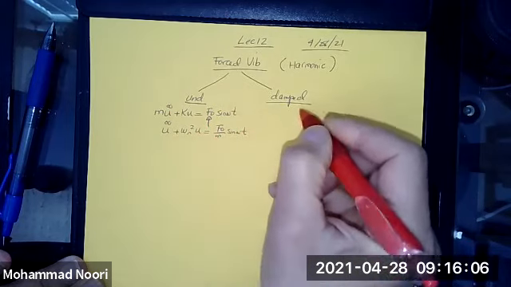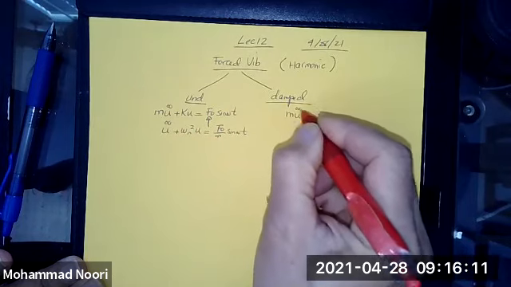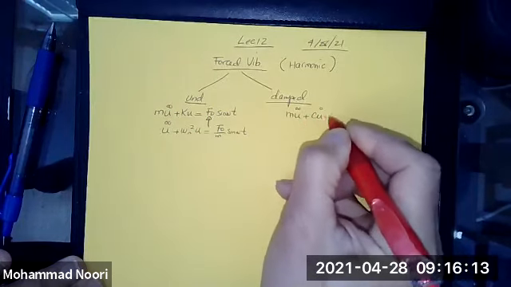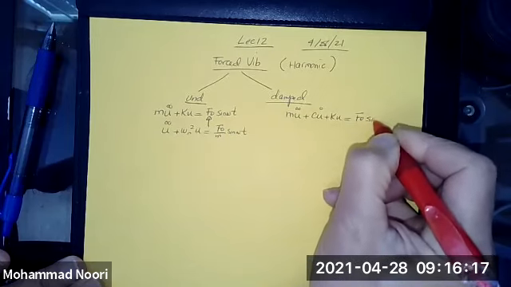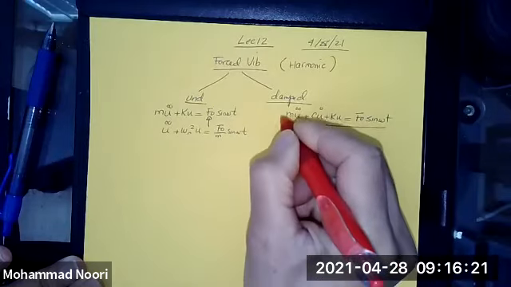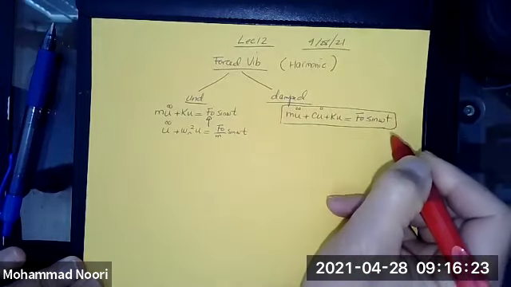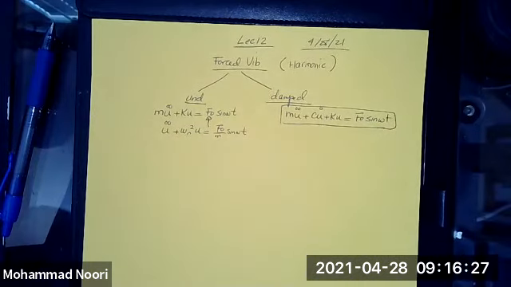For the damped system, what is the equation of motion? You have m u double dot plus c u dot plus k u is equal to F naught sine omega t. So now we have a system which is damped and subjected to a harmonic forcing function.